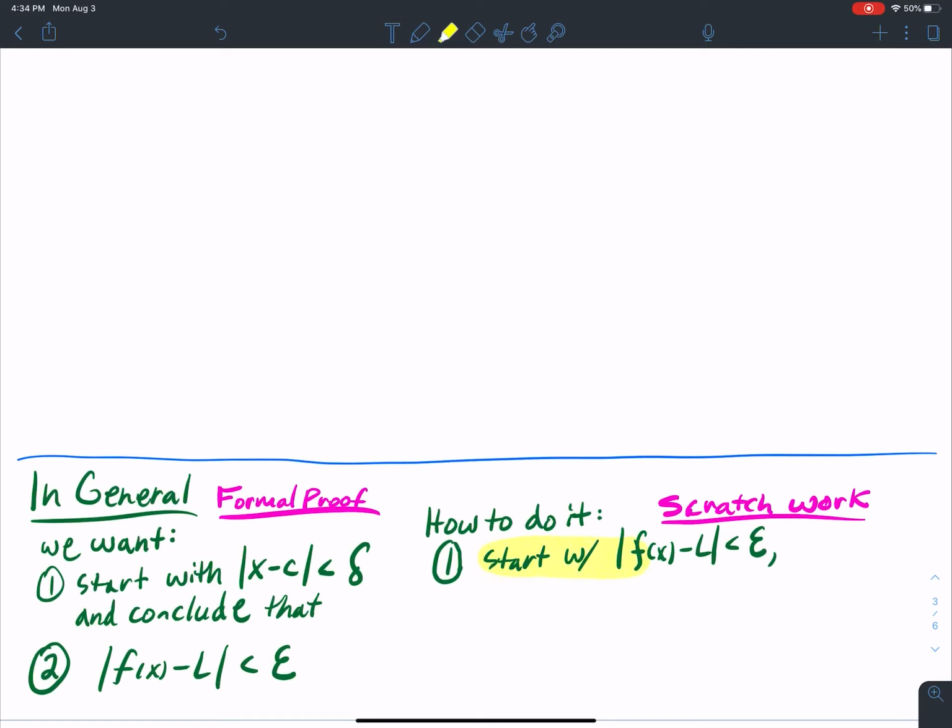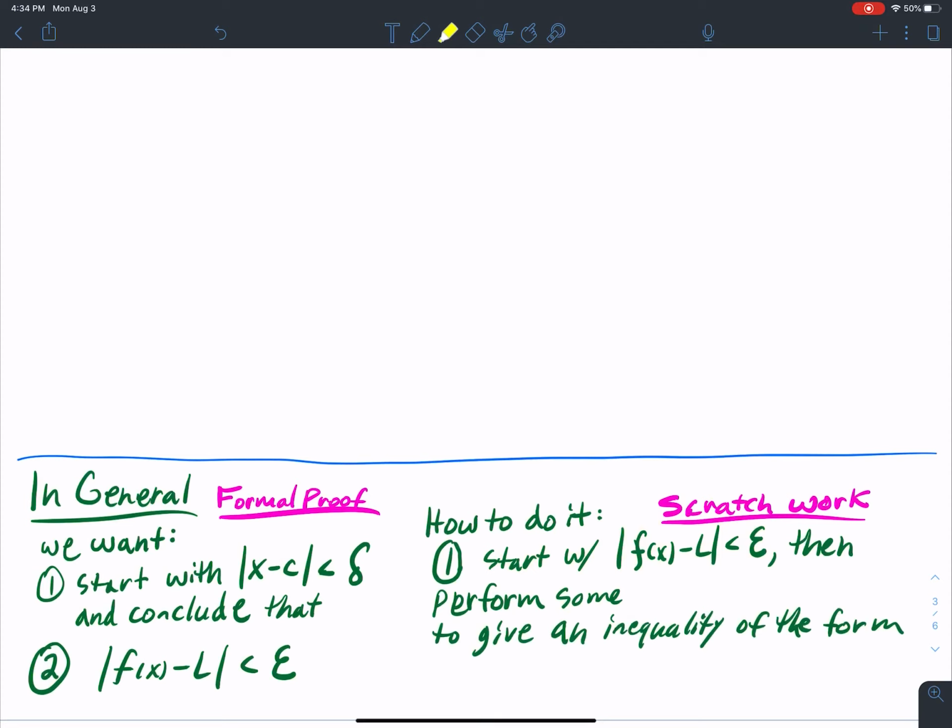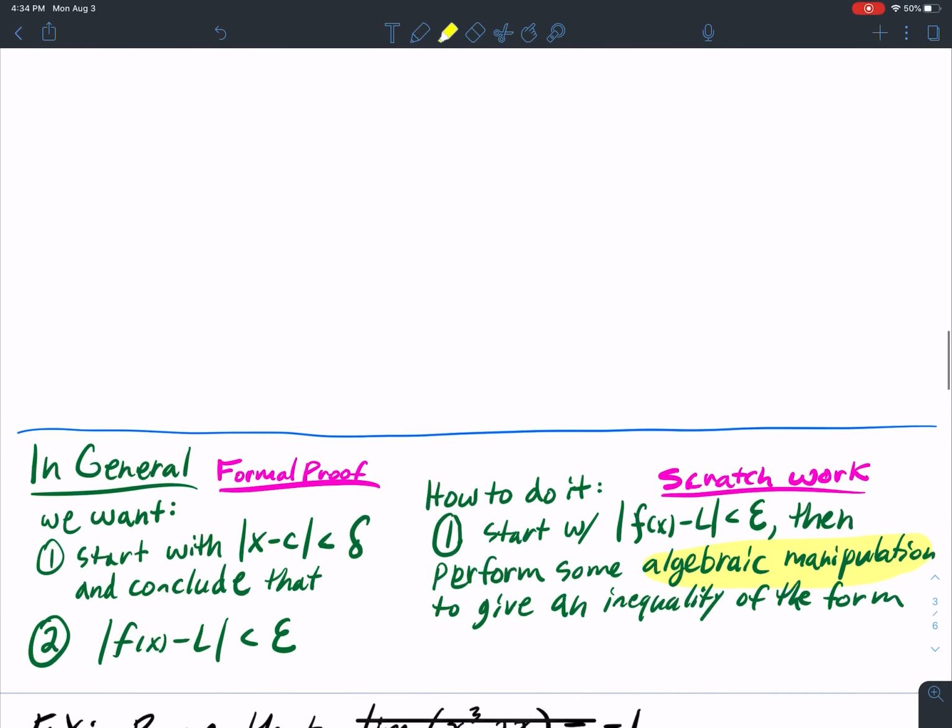So I start with the absolute value of f of x minus the limit is less than epsilon, okay? From there, I perform some algebraic manipulation, and once I do this, I get some inequality in the form of |x - c|.